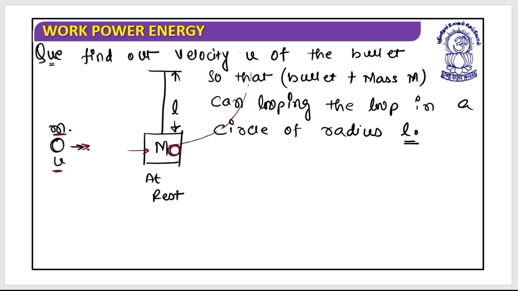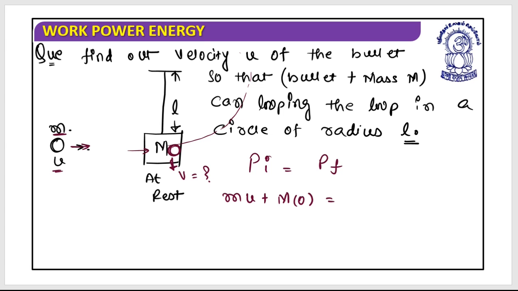First, you need to find out the velocity of both of these at this position. At this position, what I can conserve is the momentum. P initial is equal to P final. Initial momentum is m into u plus M into 0, as M is at rest.